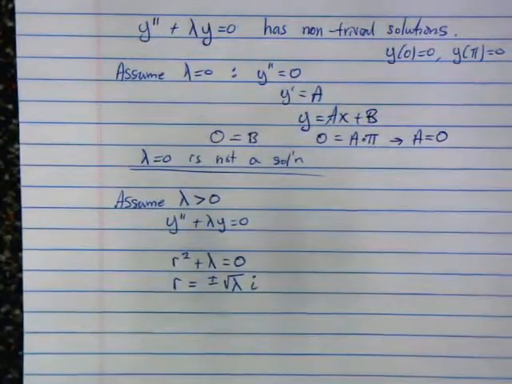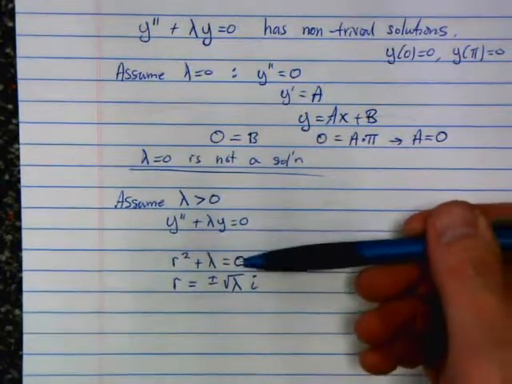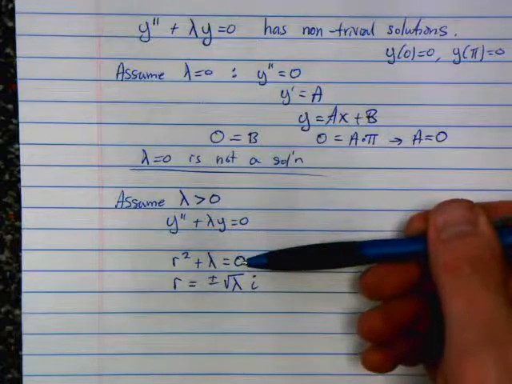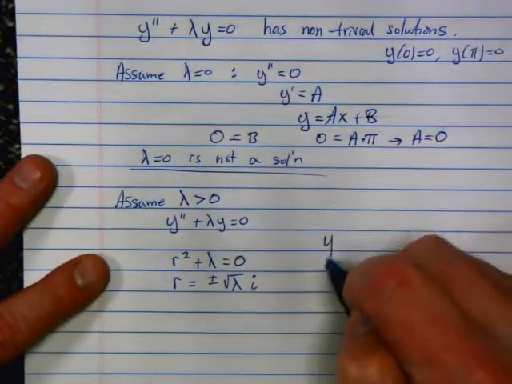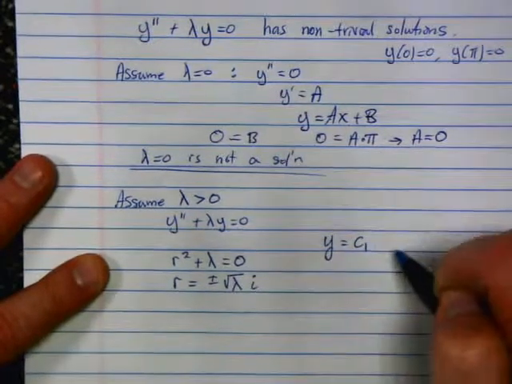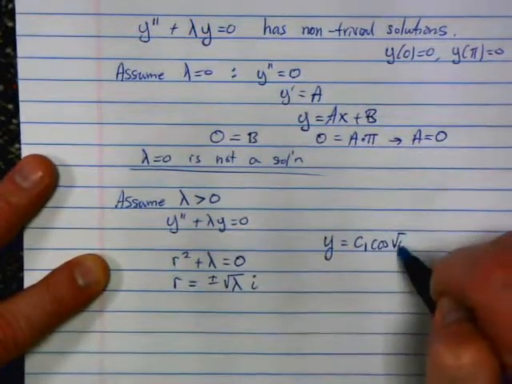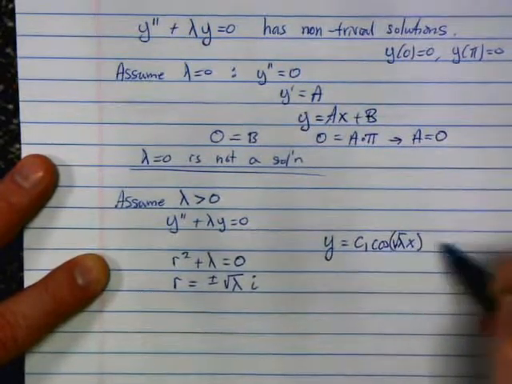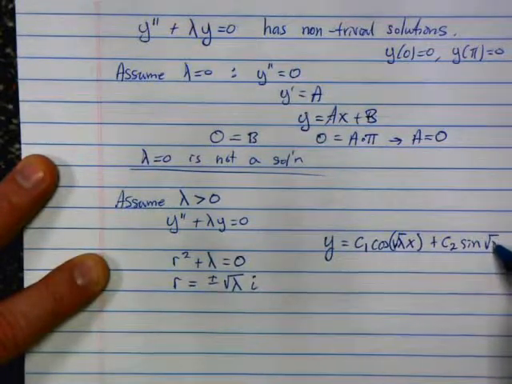Right, because we'd have to subtract lambda. Since lambda is positive, when we move the lambda over, we've got a negative number over here. That tells us our solution would have to be of the form y equals c1 cosine square root of lambda x plus c2 sine square root of lambda x.